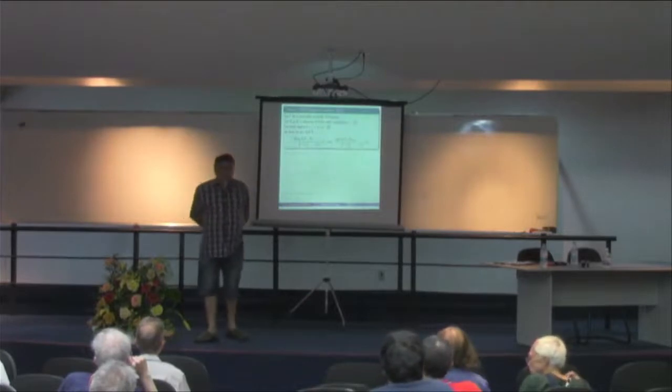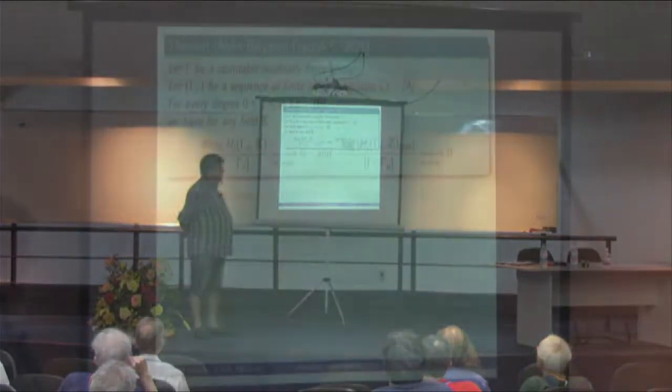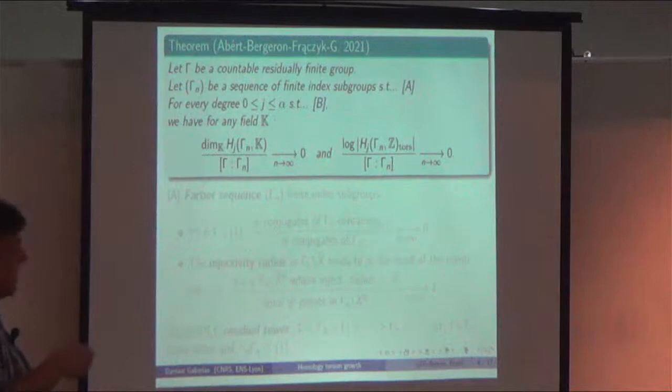And the type of result we obtain is the following. So you consider a group, gamma, which is finitely generated, residually finite. Then you take a certain sequence of finite index subgroups, such that the condition on the sequence will be discussed in just a second.